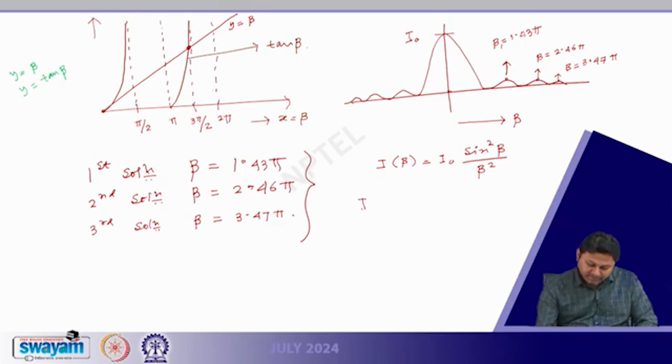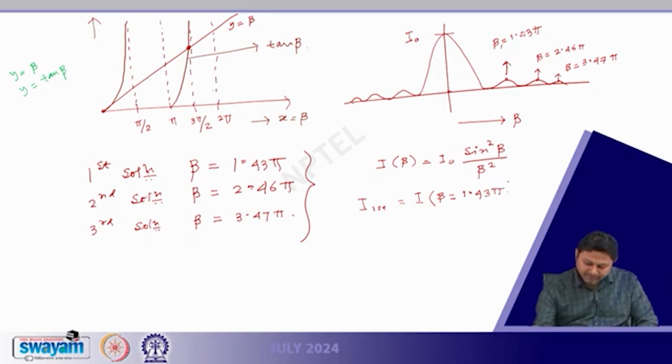So I of the first secondary maxima is the value of I at beta equal to that point, 1.43 pi.